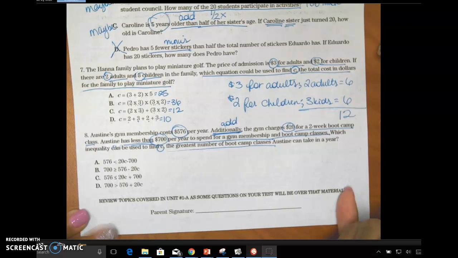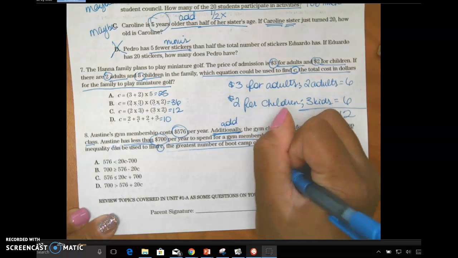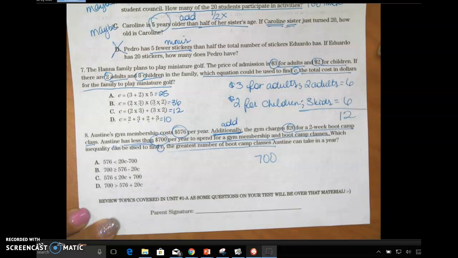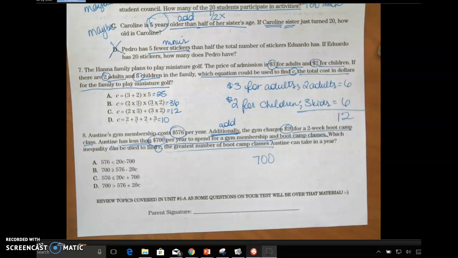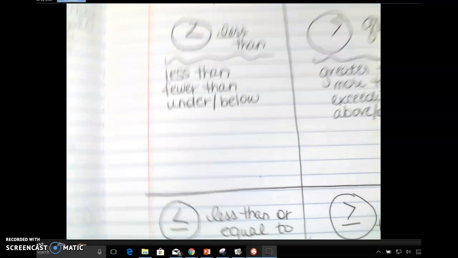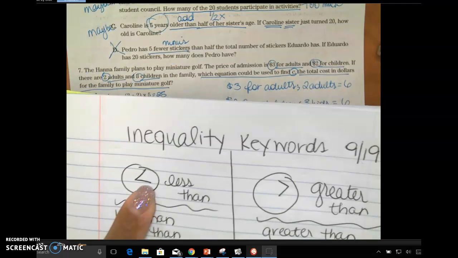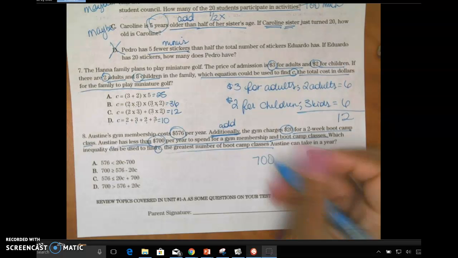What's my inequality word there? 700. And it needs to be what then 700? Less than. What symbol? No, it's not equal to. She has less than 700. It does not say she can spend up to 700. No equal to. Less than. This is the symbol that I use for less than 700.